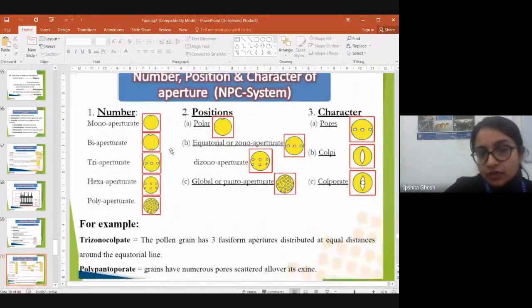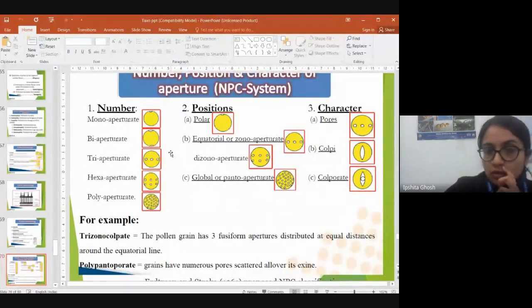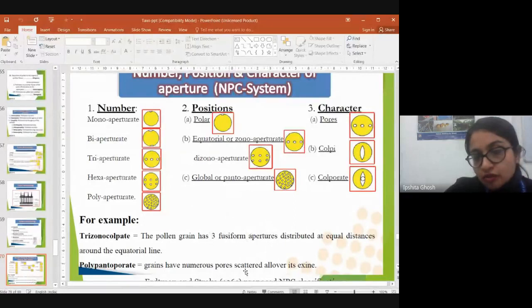Now how do we classify them? Look at this example. Suppose you know that the pollen grain has three apertures which are distributed at equal distance along the equatorial line. In that case, how will you name the pollen grain?